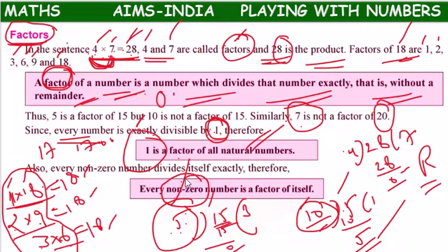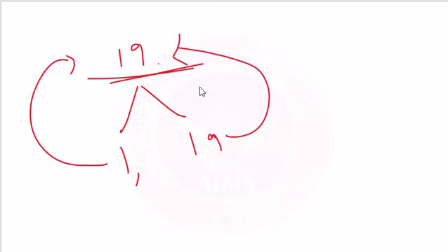So every non-zero number is a factor of itself because it divides itself exactly. So if you are given any number like 19, without any calculation, directly we can guess two factors: one is 1, another one is 19. So 1 is a factor of every number, and the same number is a factor of that number.